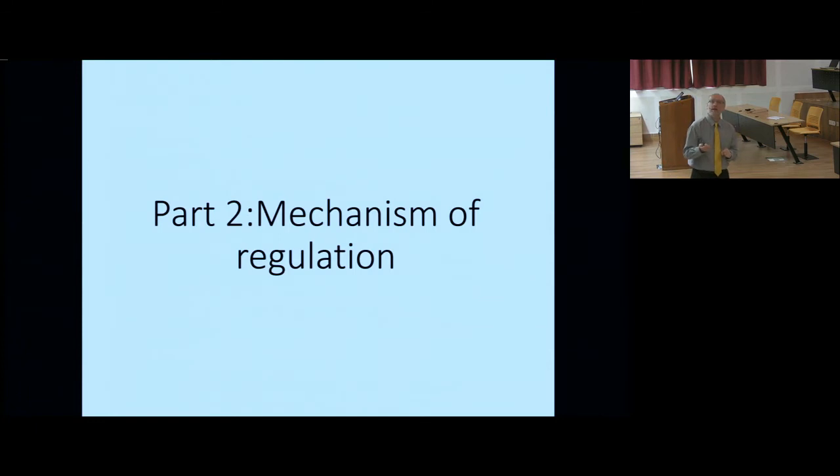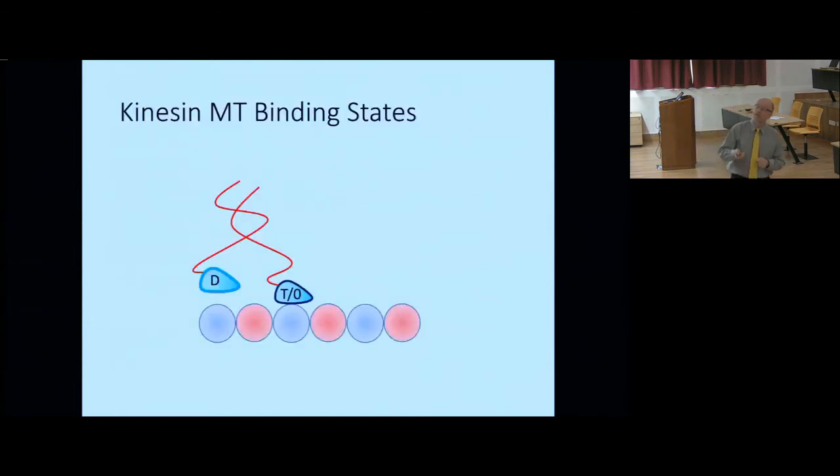Okay, so mechanism of regulation. Kinesin has different enzymatic states, and they have different affinities for the microtubule. So our model for active or inactive motors is whether they can bind microtubules. My first model was that, since Ron Vale had speculated a long time ago about the similarities between kinesin and G proteins, here's a case where kinesin is really acting as a G protein.